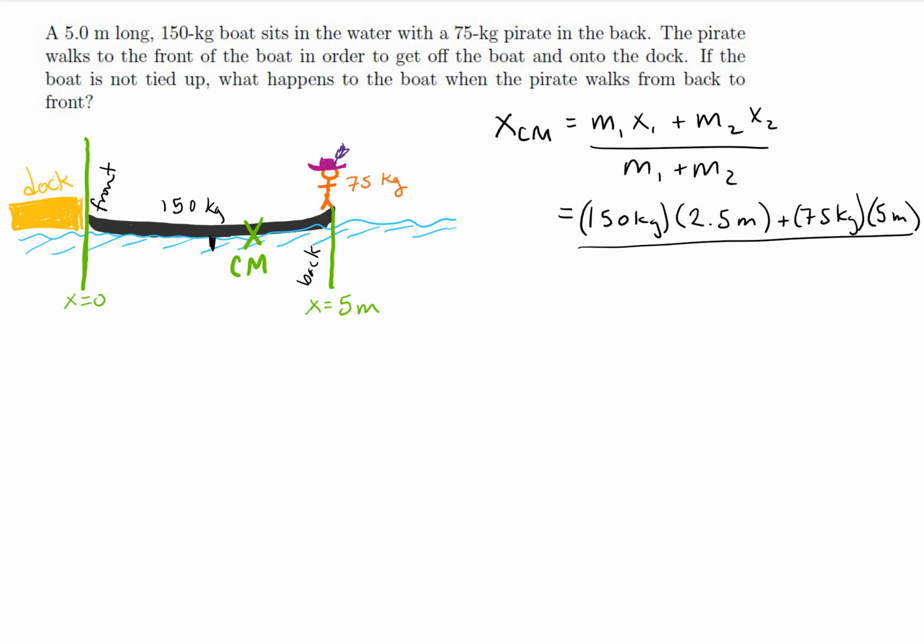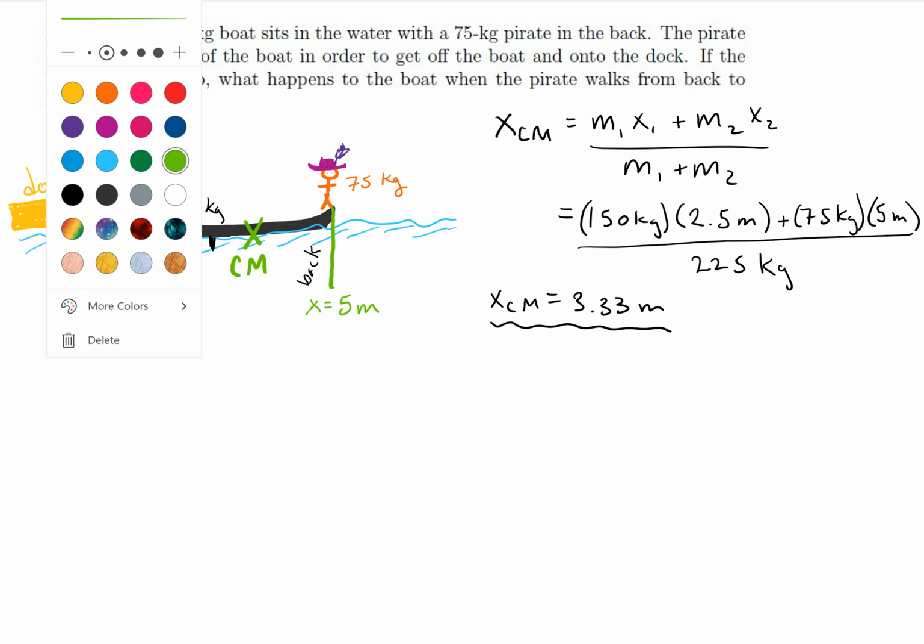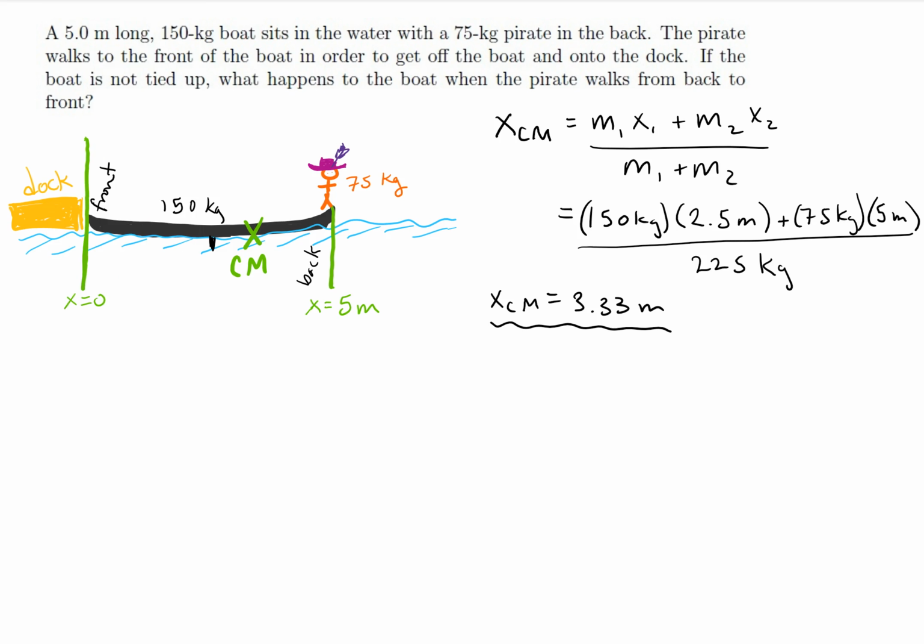Divide that by the total mass of the pirate plus the boat, 150 plus 75 kilograms, so 225 kilograms. And we find that the center of mass should be at 3.3 meters. So I'll write that in here. I think it's actually 3.3333333 meters.